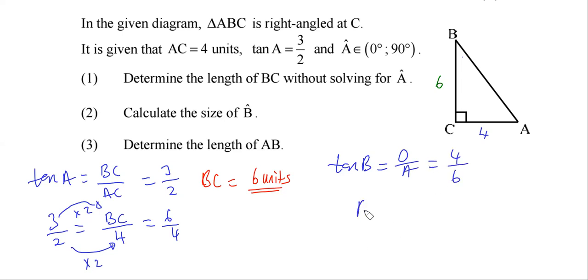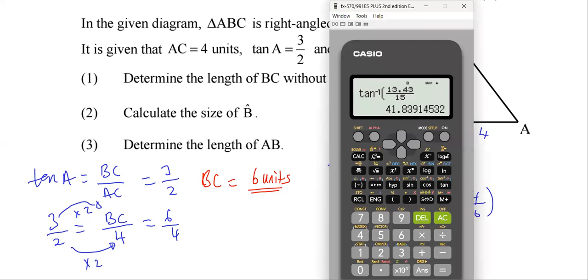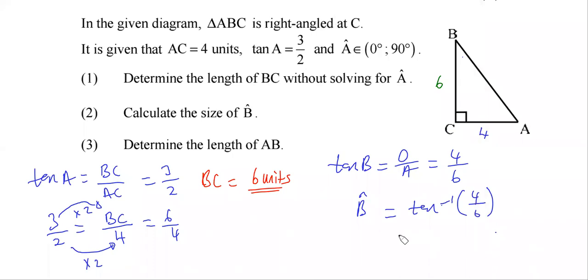So B is equal to arctan of 4 over 6. If we do that, let's see what we get. Arctan of 4 over 6, we get 33,69.